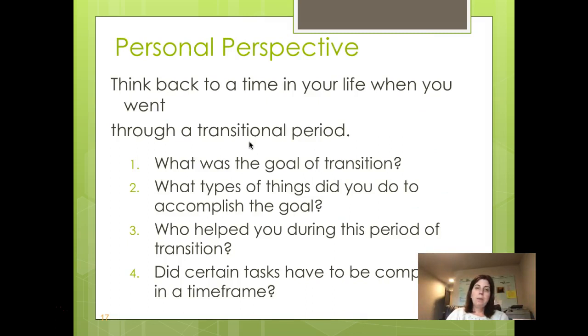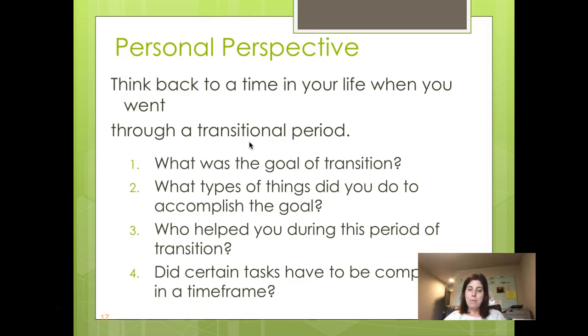So I wanted you to start off by thinking from a personal perspective. Is there a time in your life when you went through a transitional period? What was the goal of that transition? What types of things did you do to accomplish that goal? Who helped you during this period? And were there certain things that needed to be completed in a time frame? I think it's important to think back and put it into perspective because it's very similar to what happens in an IEP meeting.